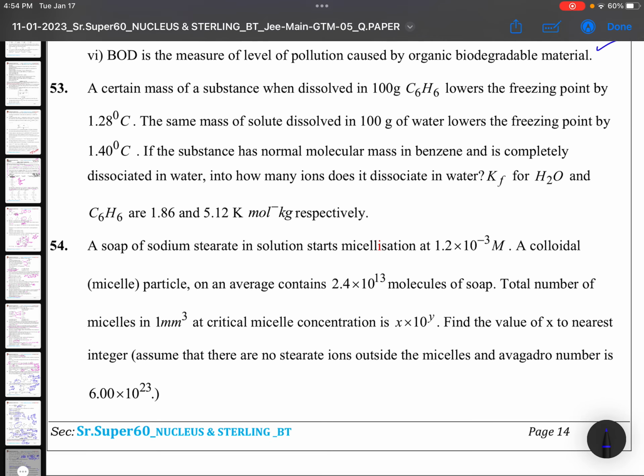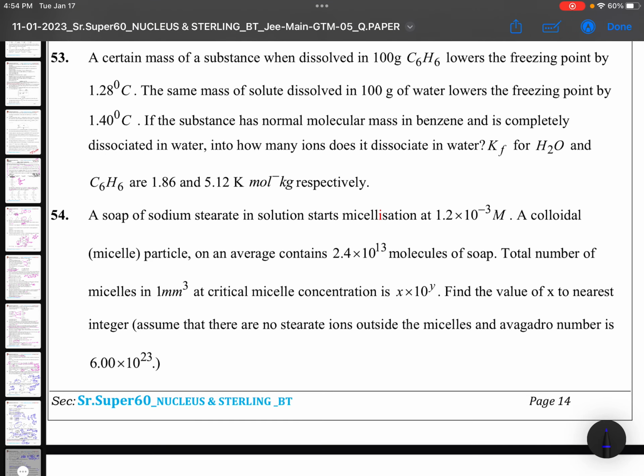53rd, a certain mass of substance when dissolved in 100 grams of C6H6 lowers the freezing point by 1.28. The same mass dissolved in water lowers the freezing point by 1.40. If the substance has normal molecular mass in benzene and is completely dissociated in water, then how many ions? Very lengthy questions.